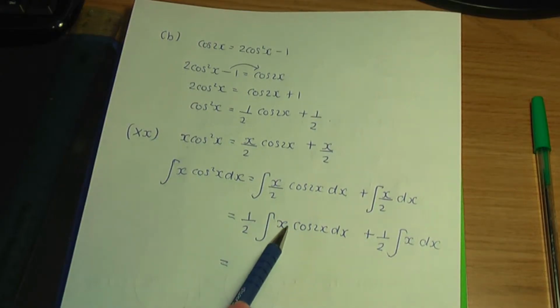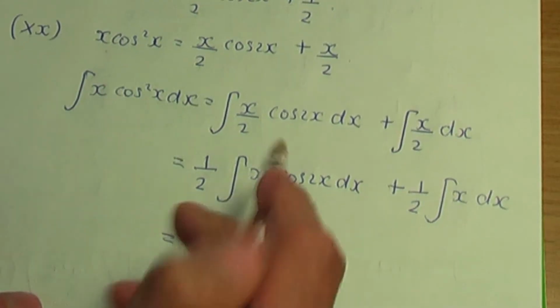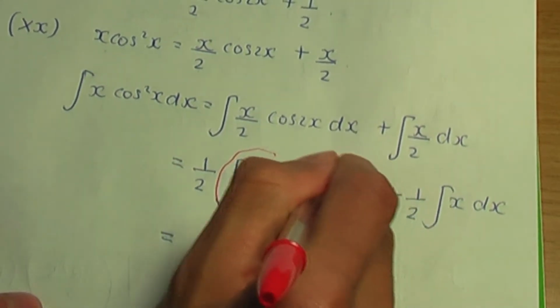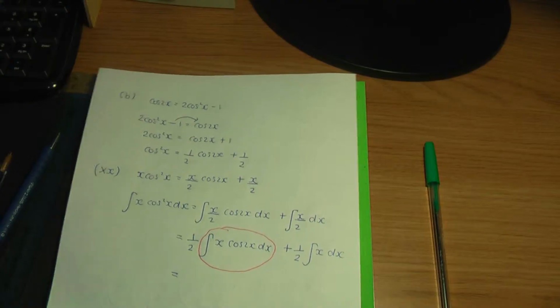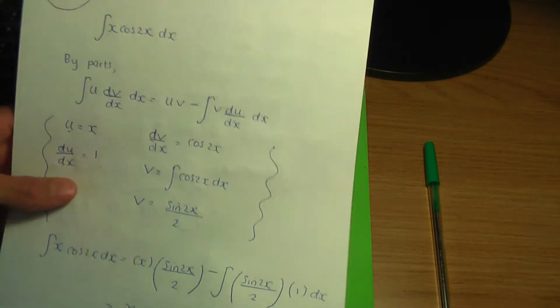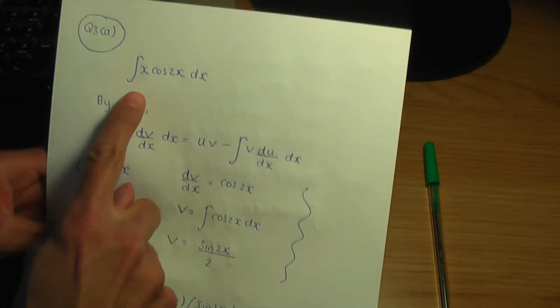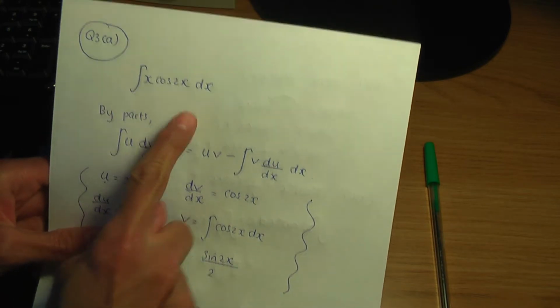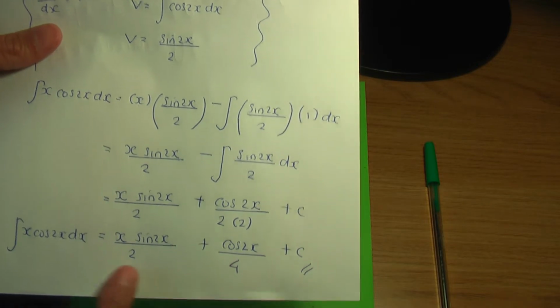Now, let's pause for a moment and think about this. Have an observation of this integral here. We have the solution to that integral in the first part of the problem. When we integrated x cos 2x and applied the method of integration by parts, here was the solution.